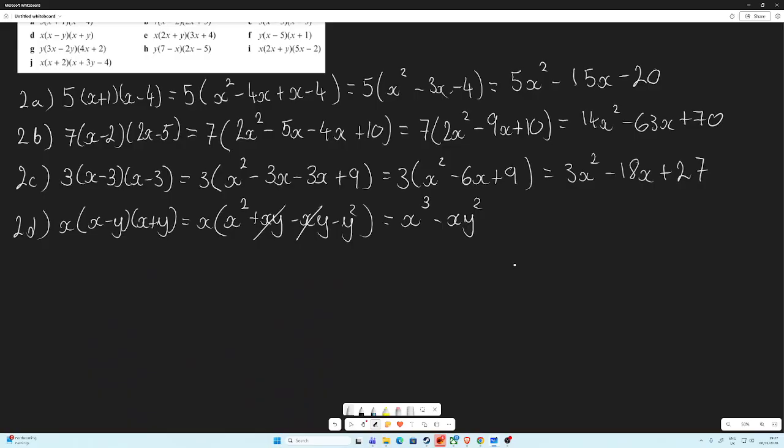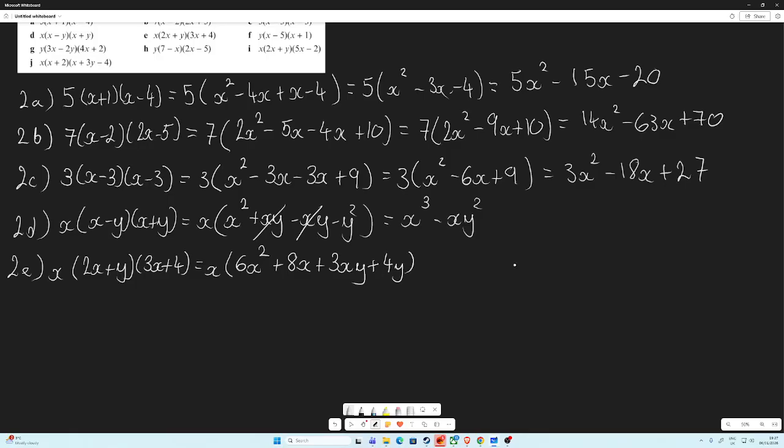To e, we have x into 2x plus y, 3x plus 4. Same thing, let's leave the x outside, so we have 6x squared plus 8x plus 3xy plus 4y.